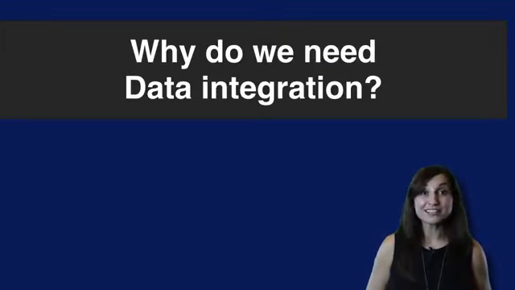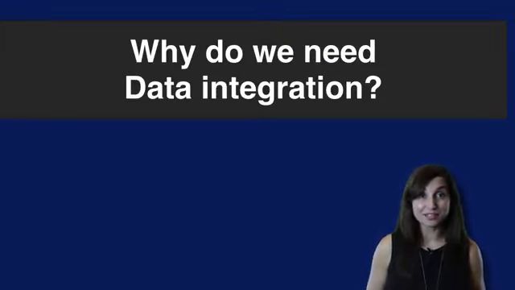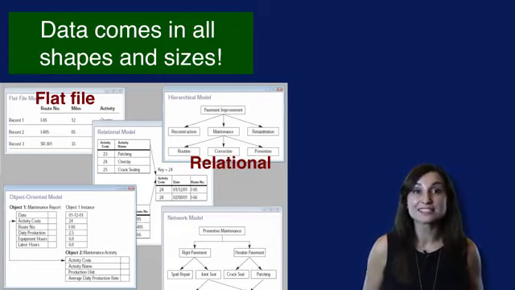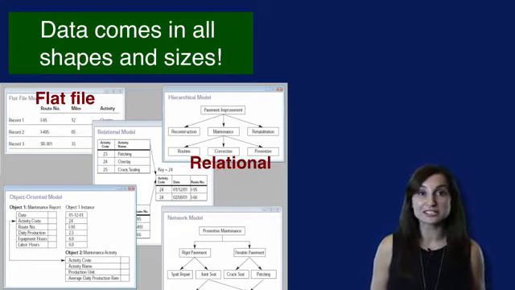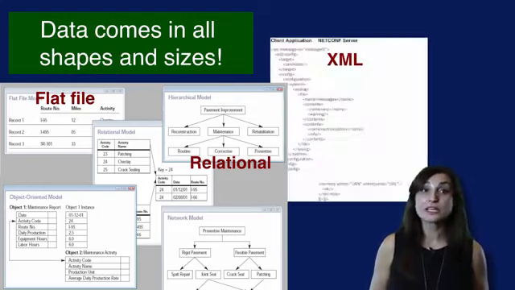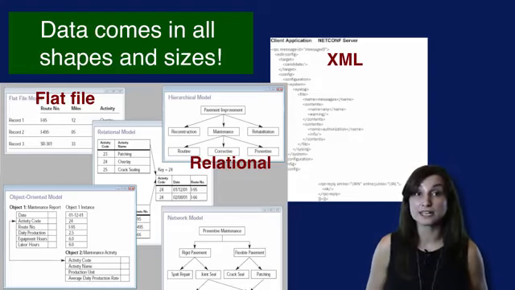But why do we need data integration in the first place? Let's start by focusing on differences between big data sets coming from different sources. You might have flat file formatted data, relational database data, data encoded in XML or JSON, both common for internet-generated data.